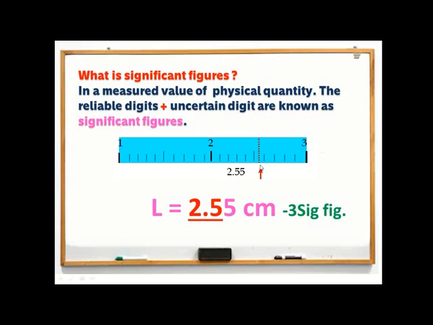This 2.5 is sure, a reliable digit, and the other 5 is written as an estimated one. Since it is between 2.5 and 2.6, it is written as 2.55. Therefore, in this measured value, 2 and 5 are real digits, and the last 5 is estimated. Together it has 3 digits, 2 reliable digits plus 1 uncertain digit. Therefore it has 3 significant figures.